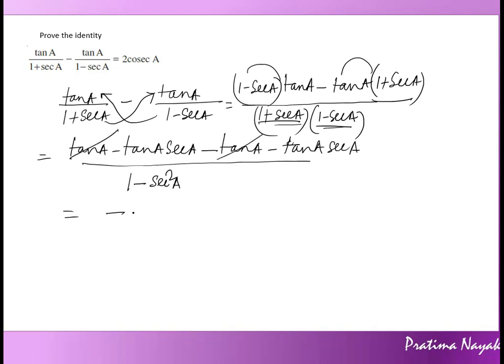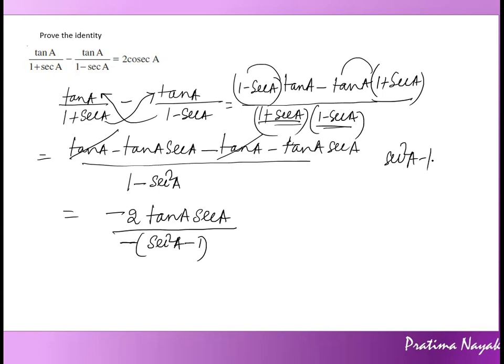You are getting minus 2 tan A sec A. Now here I am taking a minus common. Why? I'll get a formula. What formula? Sec square A minus 1 is equal to tan square A.